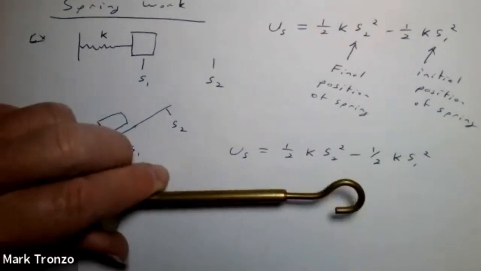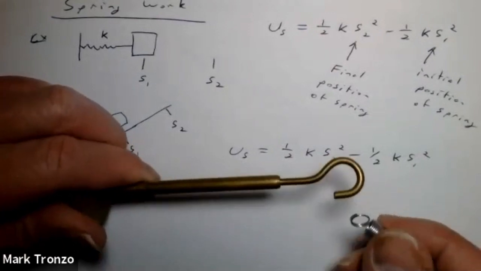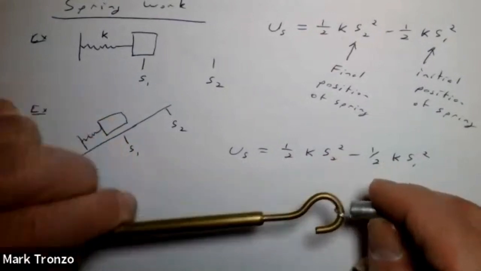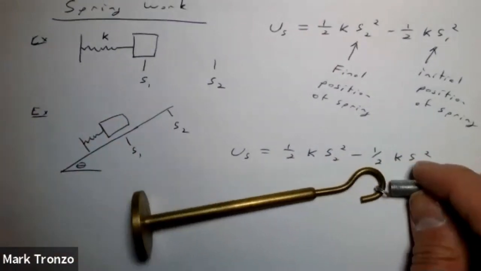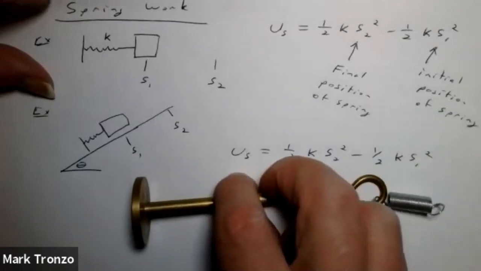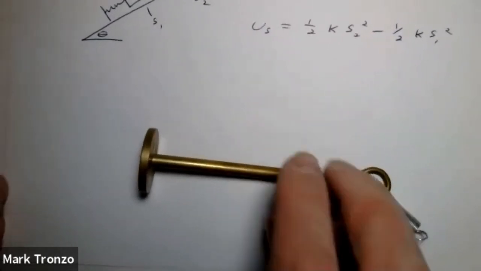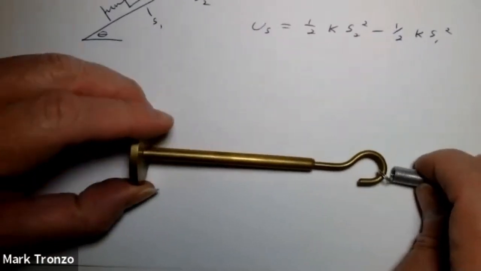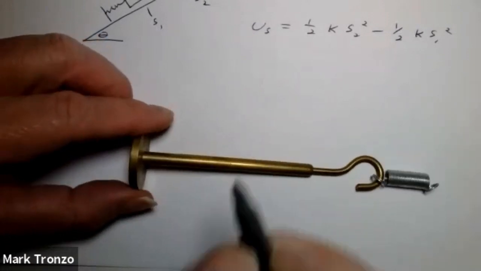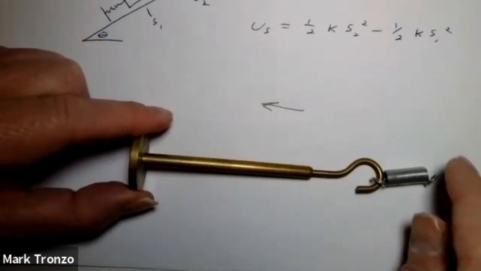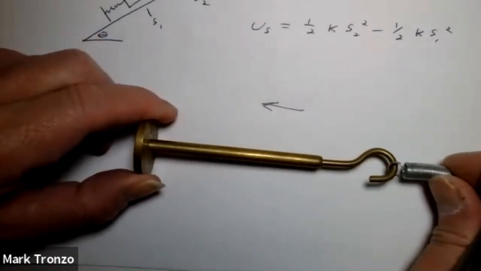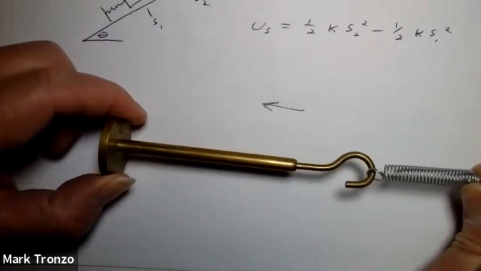Let's say you have a spring like this, and this is some object going in this direction, then the spring is going to be holding it back.